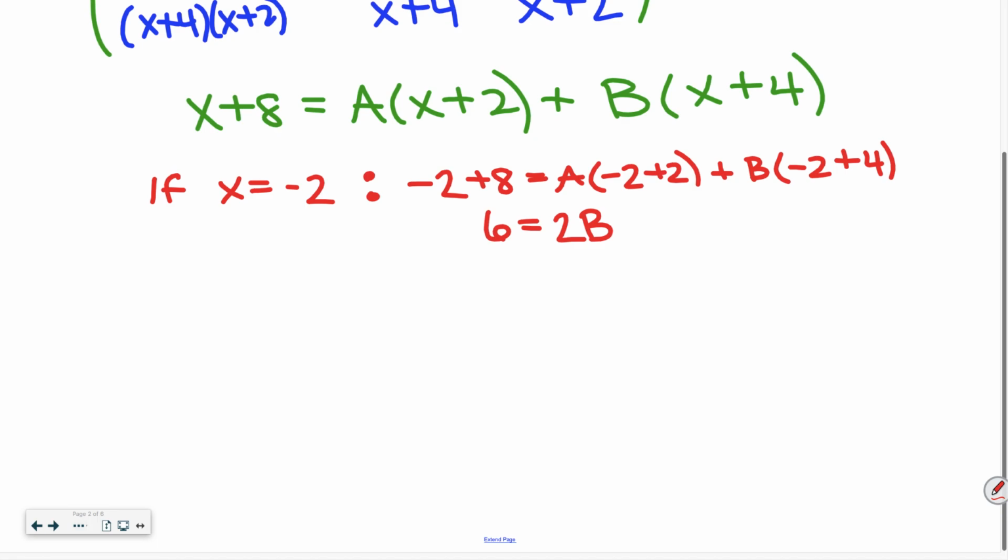So what's b? Okay, turn to your neighbor. What is a different number for x that we could plug in to help us find a? Turn to your neighbor.